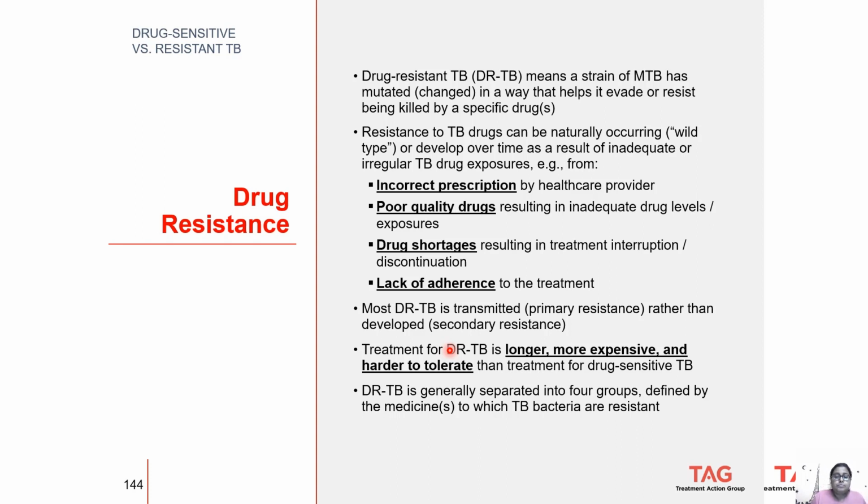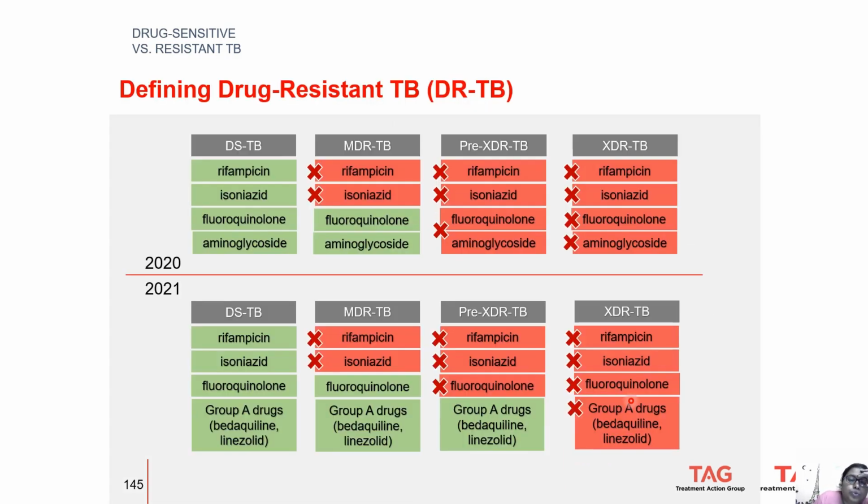Okay, so drug resistant TB is also generally separated into 4 groups defined by the medicines to which TB bacteria are resistant. Drug sensitive TB will be sensitive to these antibiotics: rifampicin, isoniazid, fluoroquinolone, aminoglycoside. Multi-drug resistant TB is resistant to rifampicin and isoniazid.